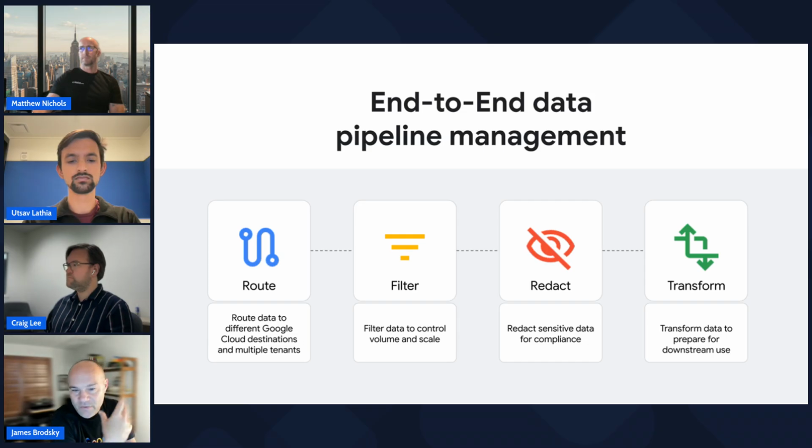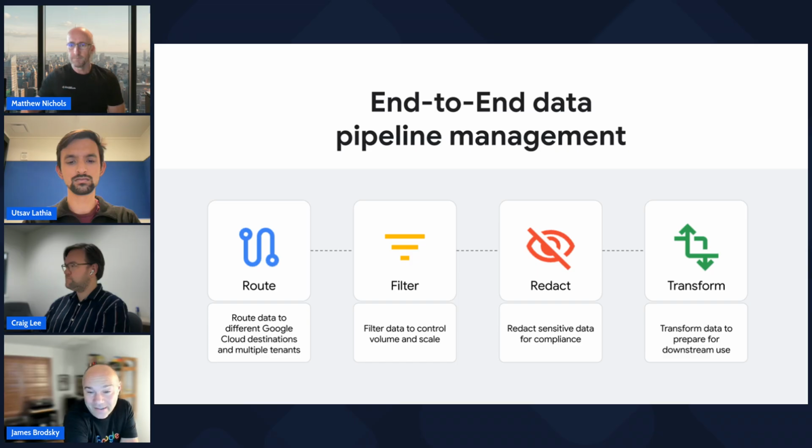So if you've been following Otel for any time, you should be super comfortable with the idea of Otel technology as collectors and gateways. And so that centralized management capability, that flexibility to support all these different sources and destinations, configured from a console, allowing you to route, filter, redact, and transform, truly gives you a pretty capable end-to-end data pipeline management system, and not just what we had with the Chronicle forwarder.